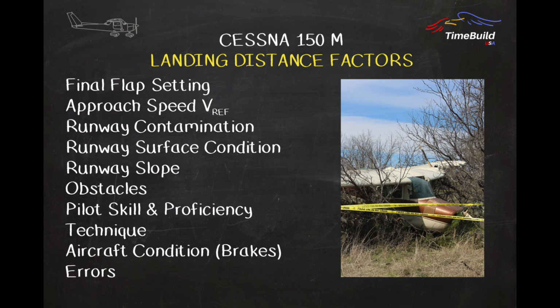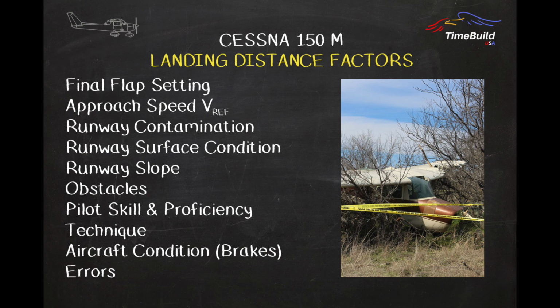Just as we discussed with the takeoff distance chart, it is important to understand factors that will affect the actual landing distance, which are not adjusted for in the table. The final flap setting and approach speed have a significant impact on landing distance. Flying a faster than normal approach using a limited amount of flaps, such as on a gusty day, can dramatically increase landing distance. The runway itself can also increase landing distance. A runway contaminated with snow, ice, or rain, or one that is sloped downward are examples.